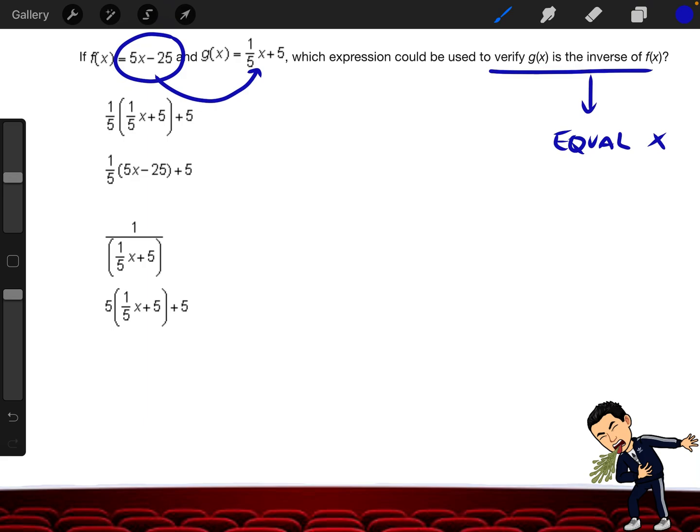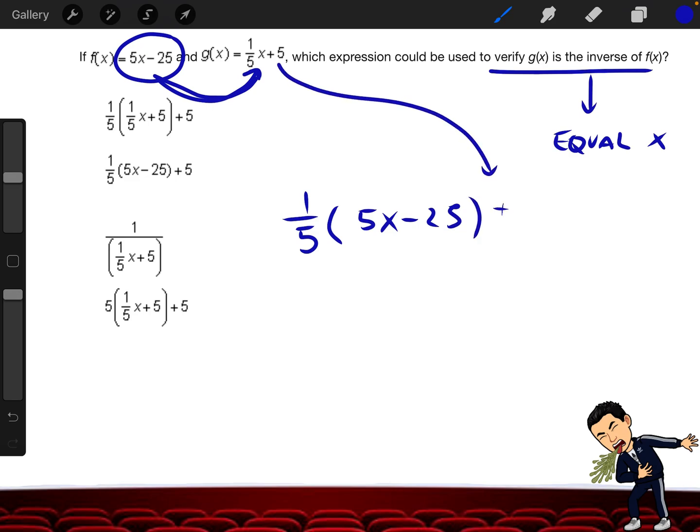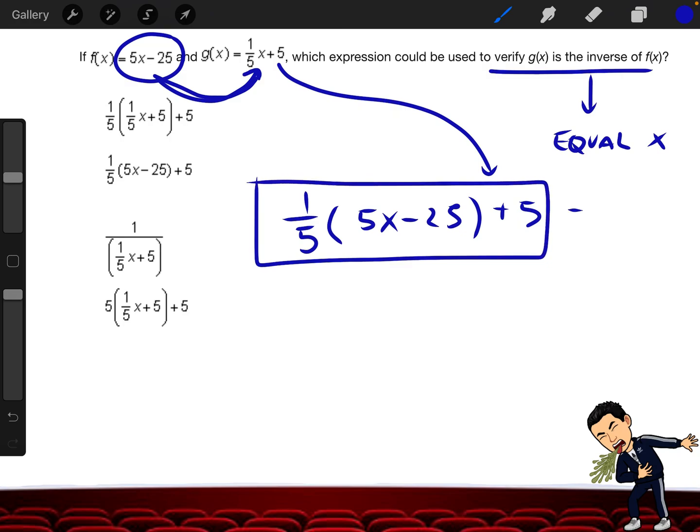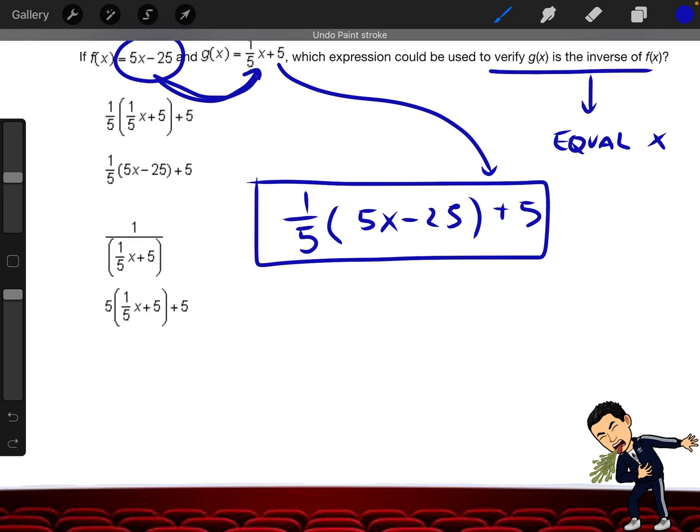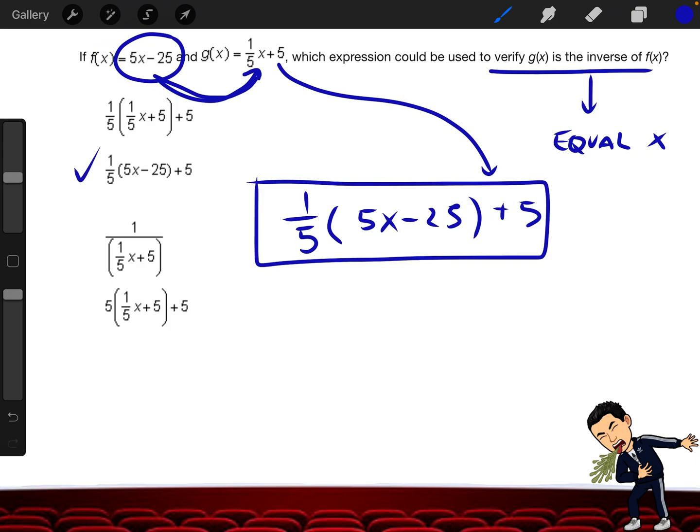If you substitute 5x minus 25 into the 1/5 x, so right here 5x minus 25, and then continue to write plus 5, if this gives you x, then these two functions are inverses of each other. This is how you verify it.